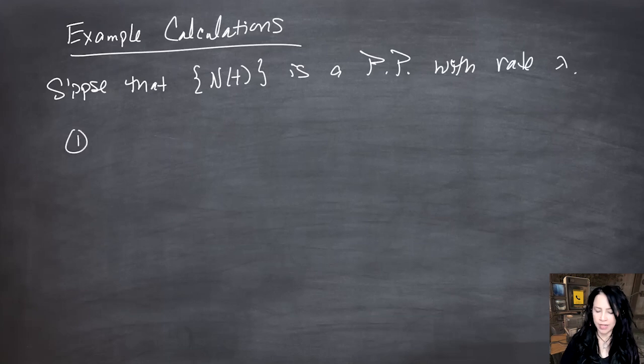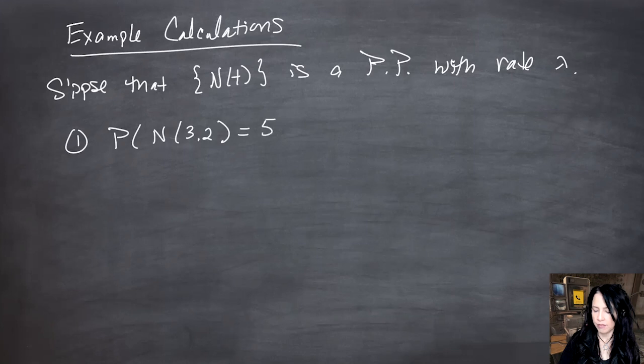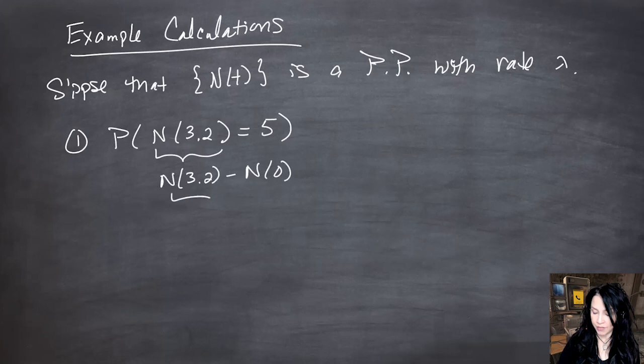So number one, if we want to know the probability that N of 3.2 is 5, then note that this is an increment, right? It's N of 3.2 minus N of 0.